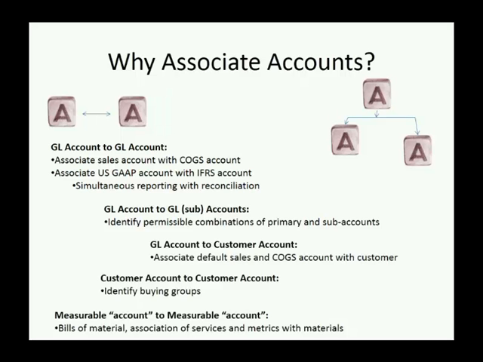Or you want to have other kinds of simultaneous reporting with reconciliation. XBRL GL lets you not only have accounts but also associate them with very specific types of accounting and reporting. You may want to associate an account, one of the main accounts, with multiple master files for sub-accounts to identify permissible combinations of primary and sub-accounts.